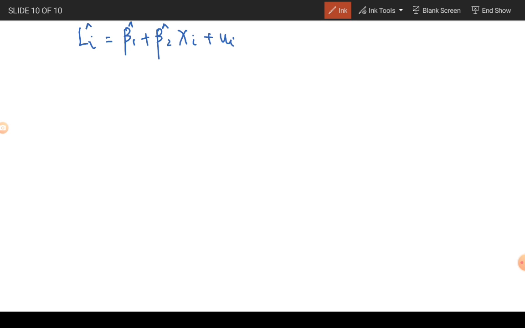The question is, now can you run the regular, standard OLS procedure to estimate the parameters beta 1 hat and beta 2 hat? Well, not quite. This is because not all of our standard OLS assumptions are satisfied.